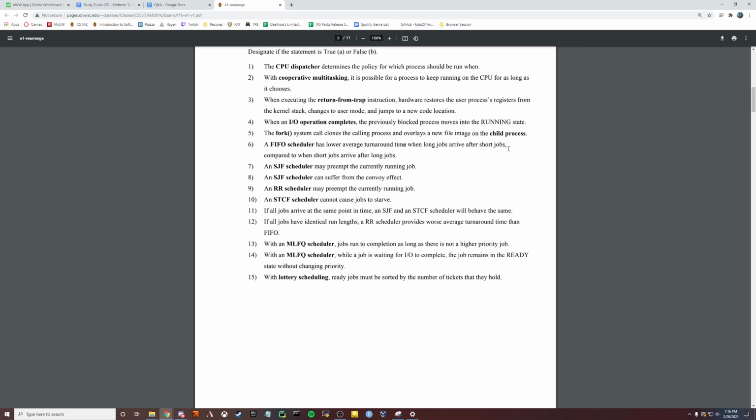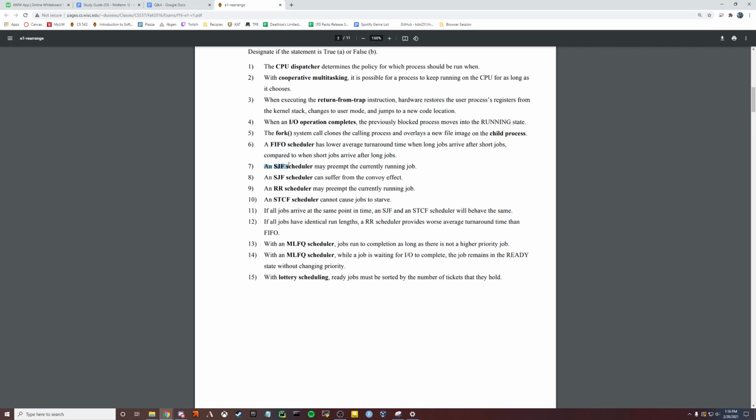But if the short jobs go first, because if they arrive 1 second after the long jobs, they'll just sit in a queue the whole time and build up that turnaround time. I think that's right. Okay. So true.